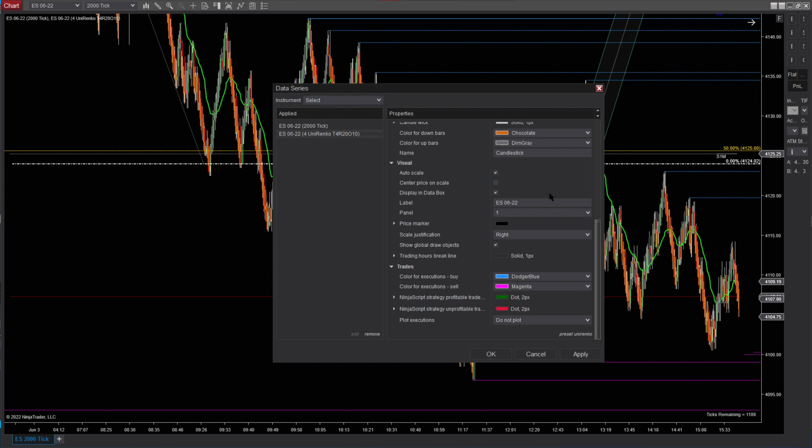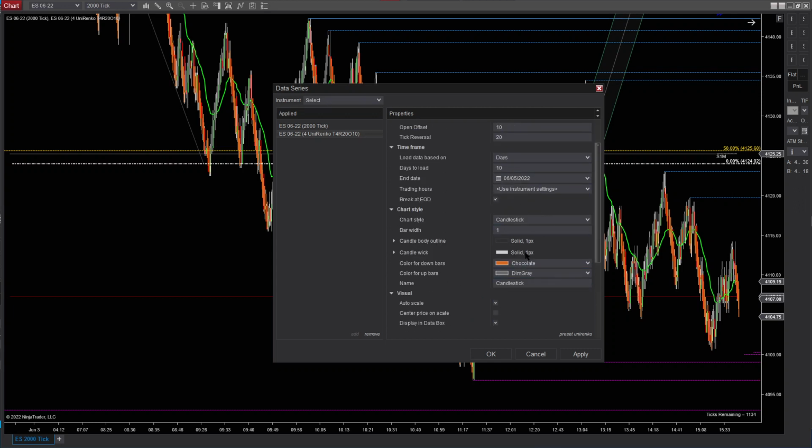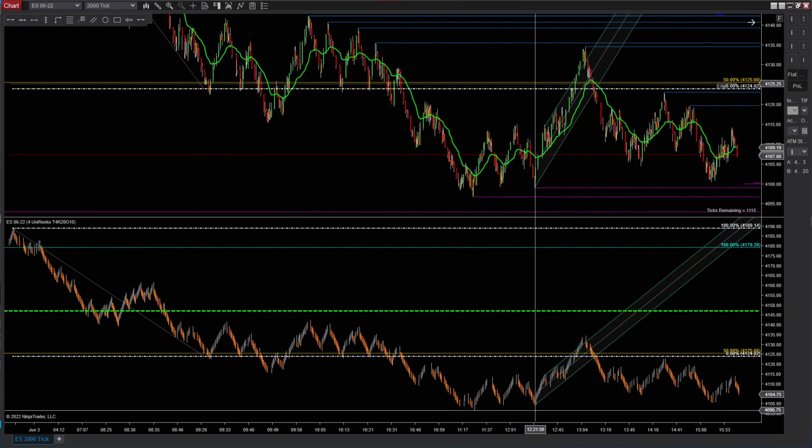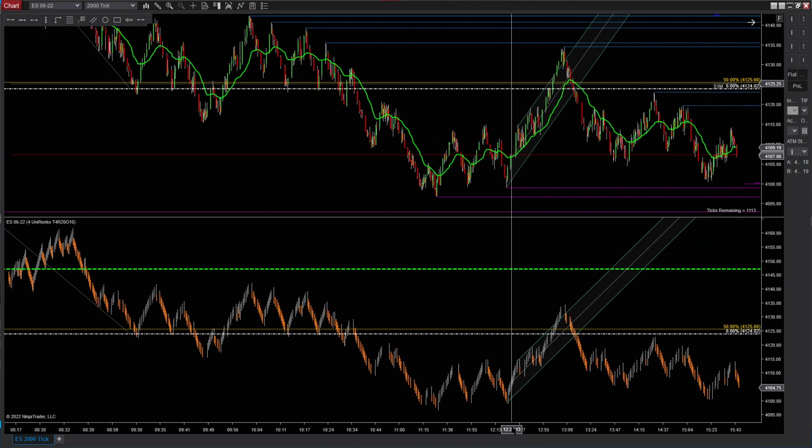So let me put this one in a new panel, which is the Renko chart. And also, let me apply it so I can explain it better this way.